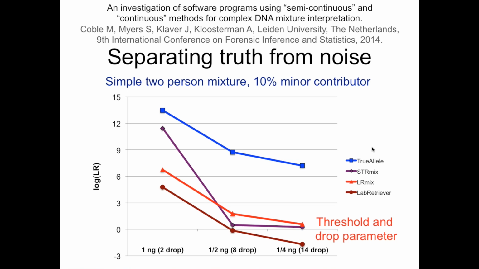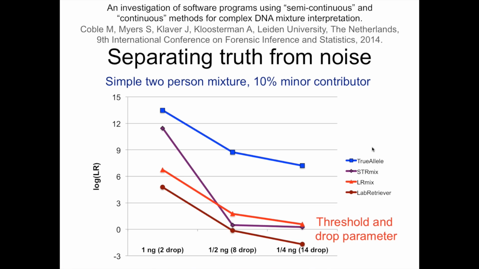Dr. Kloosterman also presented results from programs that have thresholds and drop parameters, including Strmix, LRmix, and Lab Retriever. And what we see is that all the way on the left with 1 nanogram and 2 dropout events, a more continuous method is preserving much of the information present at around a statistic of 1 trillion, and the dropout methods are giving results close to CPI with stats at around 6 zeros or 1 million.